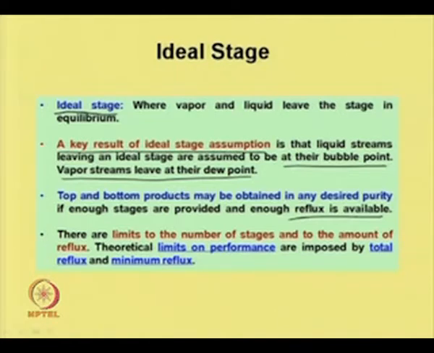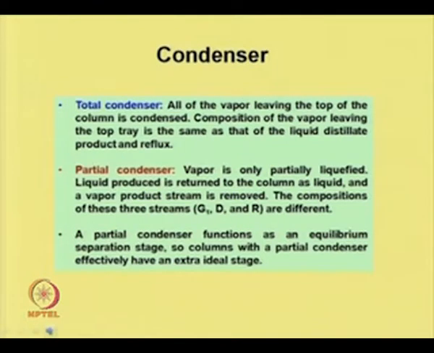So, these are the two limits, called theoretical limits on performance. These are total reflux and minimum reflux. The number of stages is fixed by these two parameters, total reflux and minimum reflux. We will consider this later when we discuss these two limits.